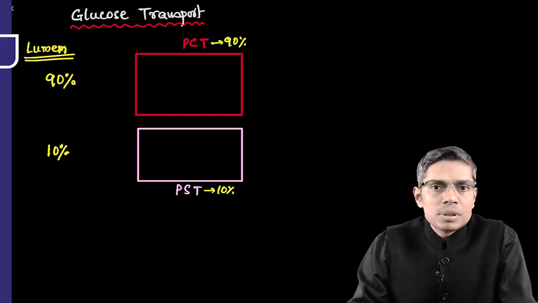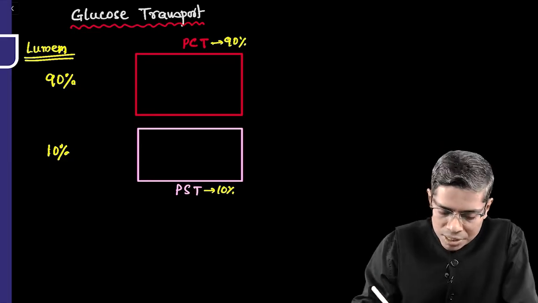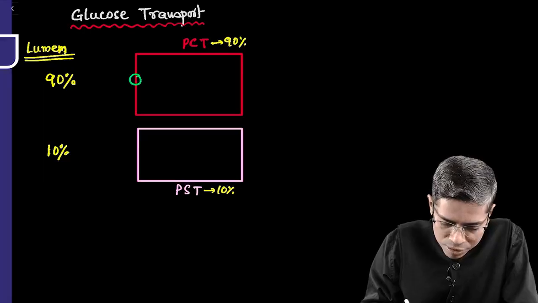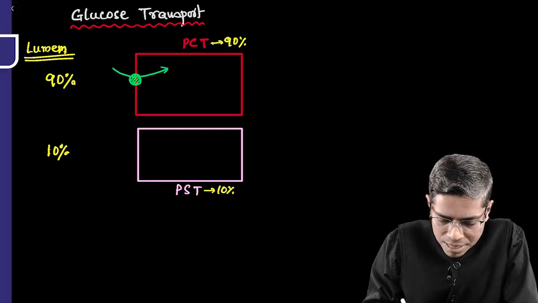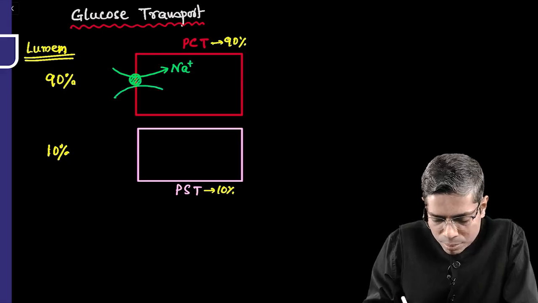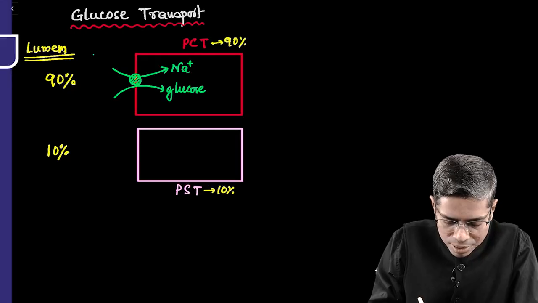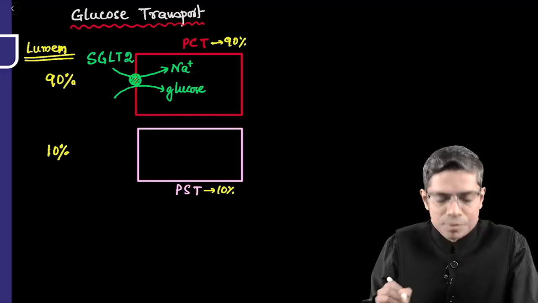important. Now, the transporter protein responsible for glucose reabsorption from the proximal convoluted tubules reabsorbs one molecule of sodium and one molecule of glucose from lumen to cell, and the transporter is known as SGLT type 2 variety.